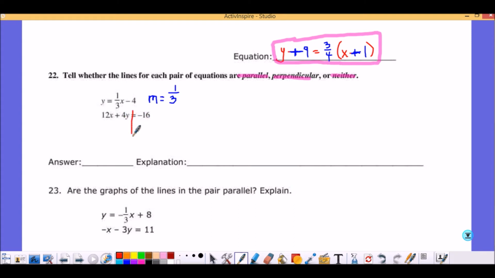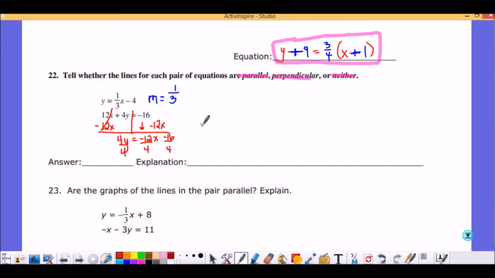So what I'm going to need to do is use my Algebra 1 skills to solve for y. So I'm going to subtract 12 from both sides. So I'm left now with 4y. Now remember, in high school we like to put the x first, minus 16. And then now I'm going to divide everything by 4.